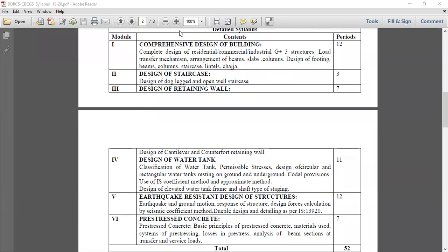It was first published in 1965, and then it got revised in 2009. So the latest code used for the design purpose is 2009. It will be written on that, reaffirmed 2009. The general design requirements or design considerations we will refer to in part 2.